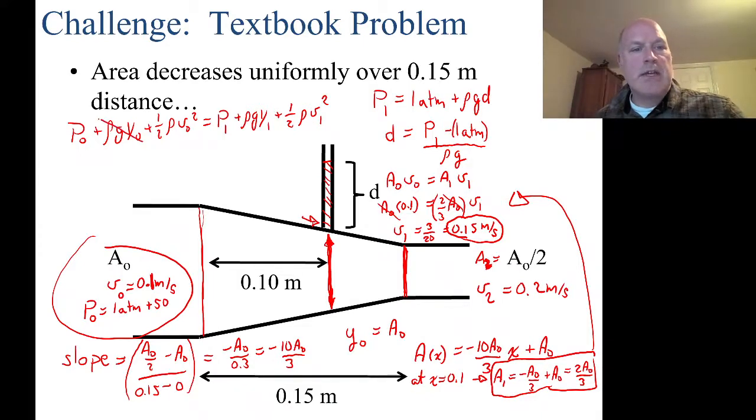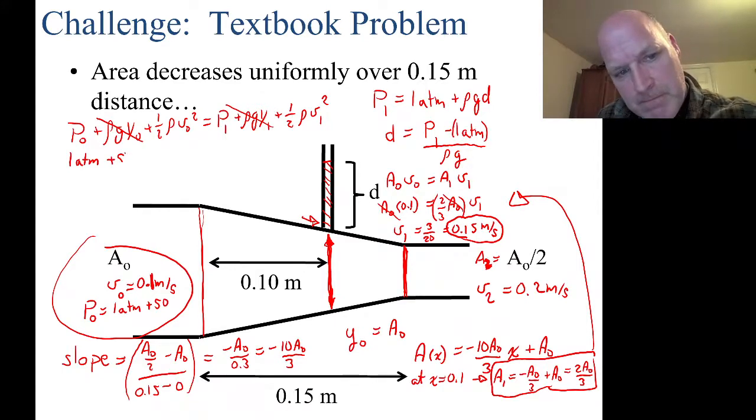We know that the heights cancel. We're going to get rid of those. P naught was equal to 1 atmosphere plus 50, plus 1/2, I guess it's water.